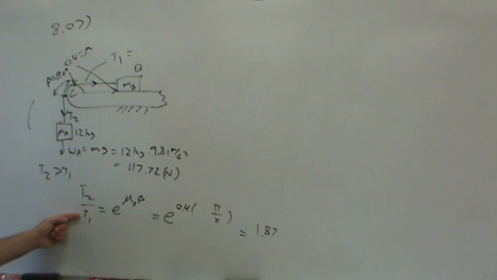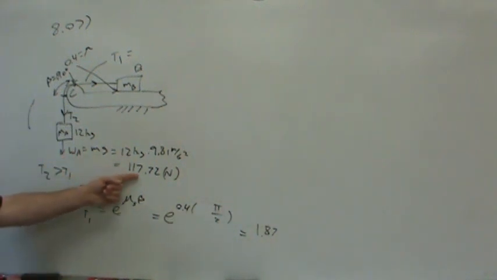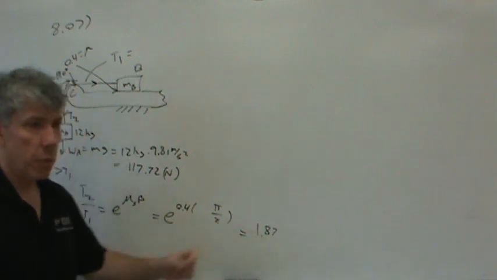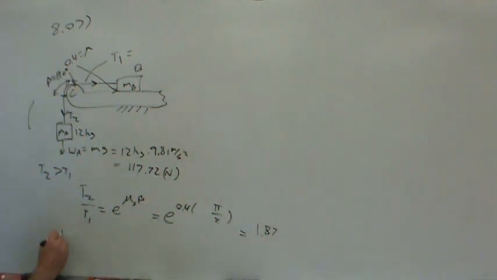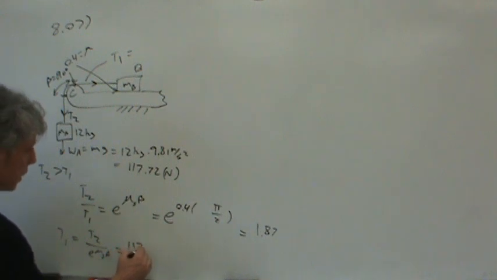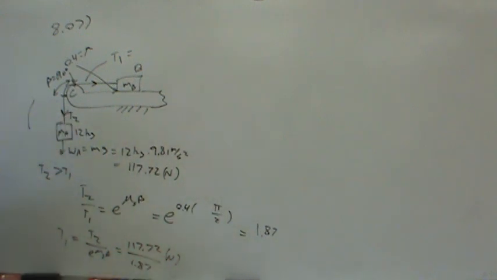So now we can calculate T1 because we know T2, don't we? All we have to do is take 117.72 and divide it by 1.87. In other words, T1 equals T2 over e^(μβ) equals 117.72 over 1.87, and these are newtons.